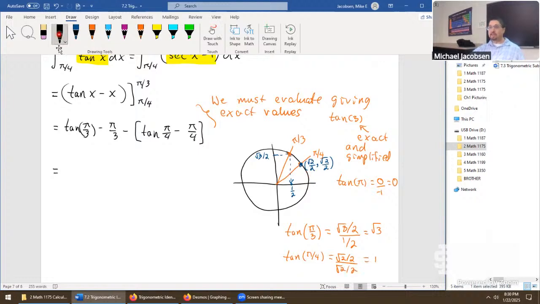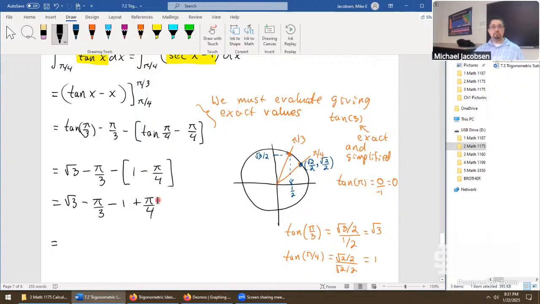So with those values, we can come back over here and say, this becomes square root of 3 minus pi over 3 minus, over here we have a 1, minus pi over 4. Reduces just a little bit further. We now have root 3 minus pi over 3 minus 1 plus pi over 4.